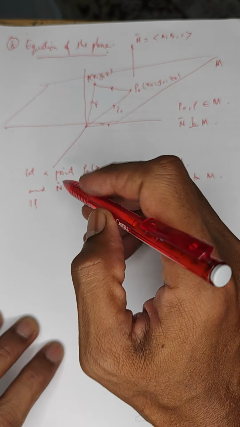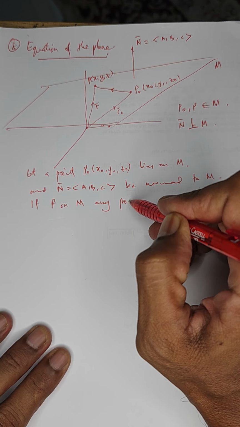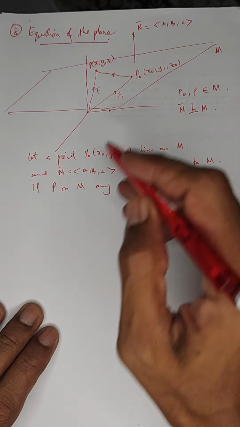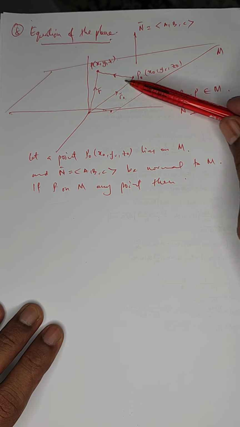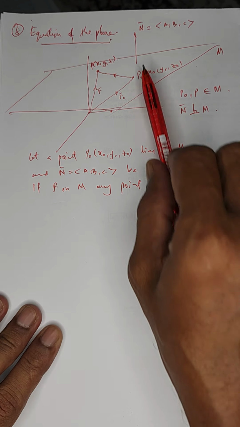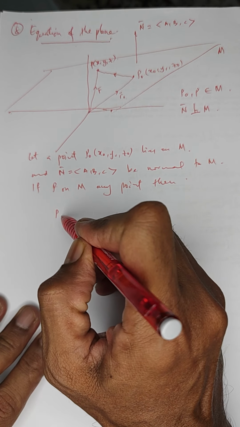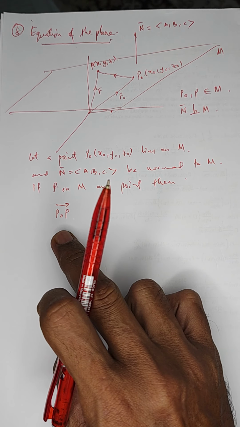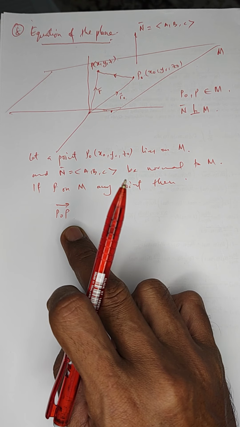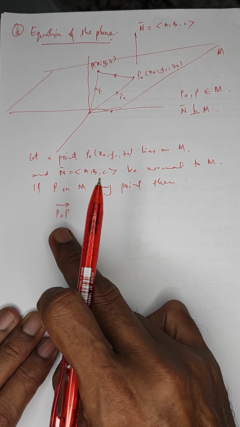So if P is any point on M, then if we take the vector P0P and dot product with n, since both points P and P0 are on M, and n is perpendicular to M, the vector n is also perpendicular to P0P.